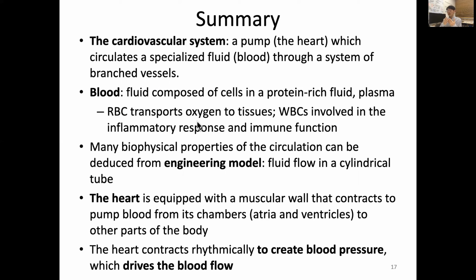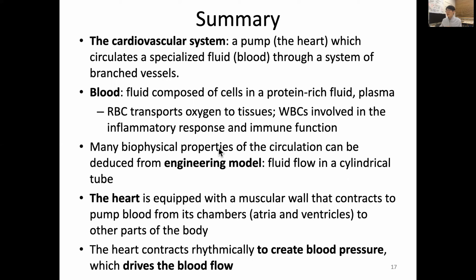There are also white blood cells, which are involved in the inflammatory response and immune function. And there are platelets, which are important for blood clotting.